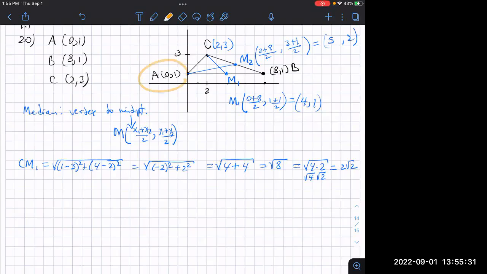So distance formula applied to A and M2. Did you get something like 5 minus 0 square plus 2 minus 1 square?